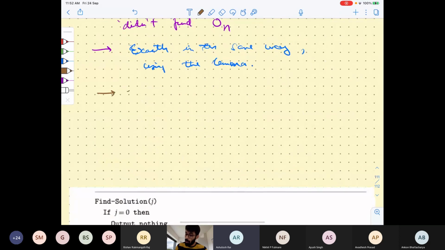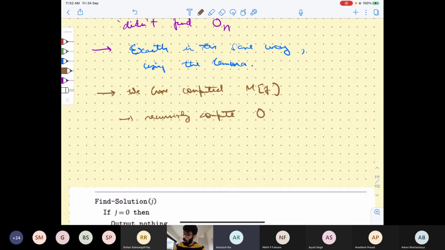So we have already computed M[j], and now we can recursively again compute the optimal solution, right? How?